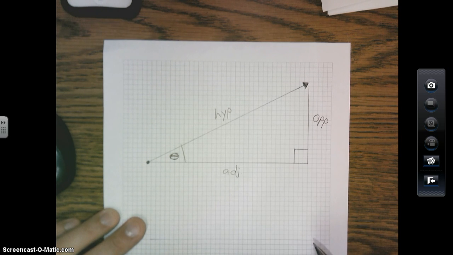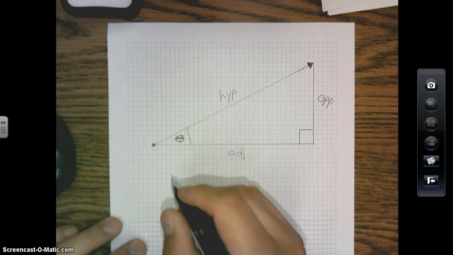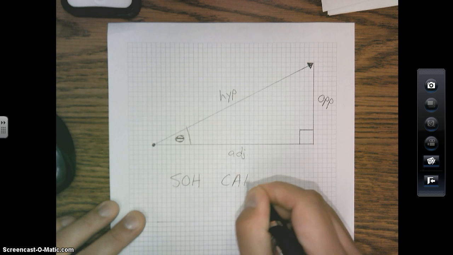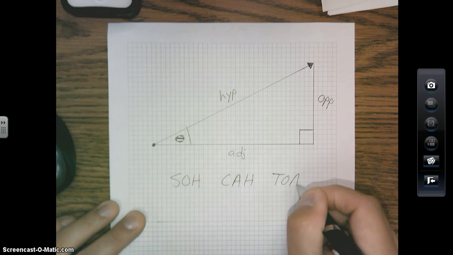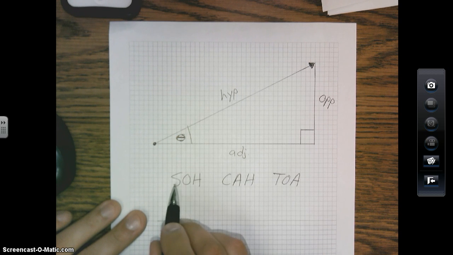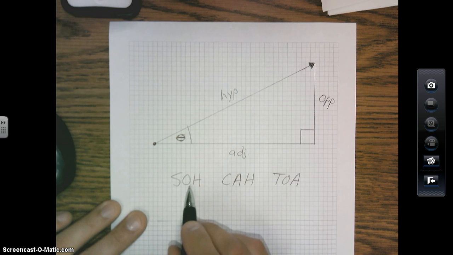Okay. Now, you've probably learned trig functions already, and you remember it from SOH CAH TOA. You might remember that, but what exactly does it mean? Well, the first letter is the actual trig function, so sine, cosine, and tangent, and the other two letters represent the sides of the triangle that you're utilizing.